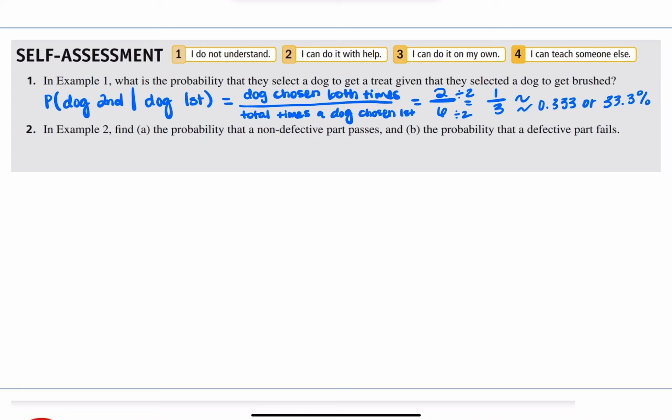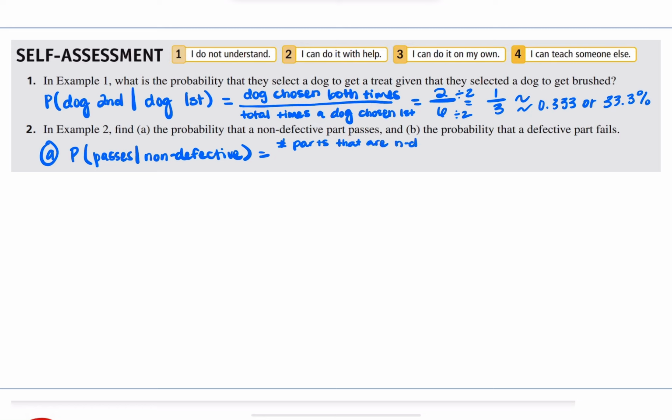All right, number 2, in example 2, find A, the probability that a non-defective part passes. So the probability that it passes given it's non-defective. So we're going to find the number of parts that are non-defective and passed over the given total number of non-defective parts.